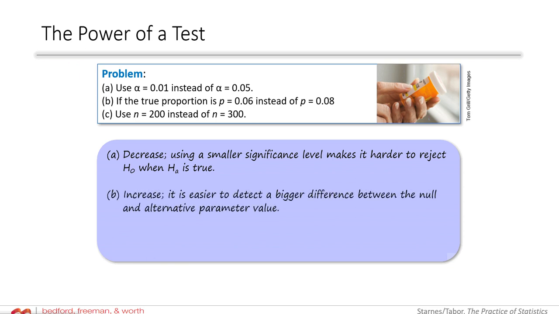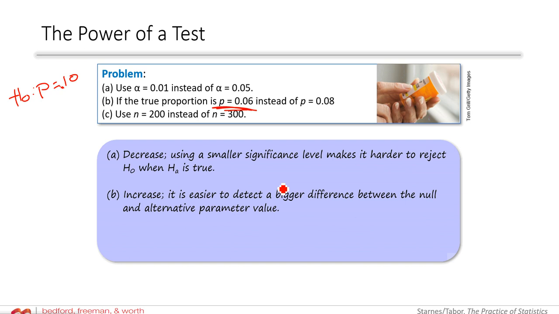So that's going to increase the power of the test because the true population proportion is further away from that hypothesized proportion, which was 10%. So 6% is further away from 10% than 8% is. So we're going to increase the power.